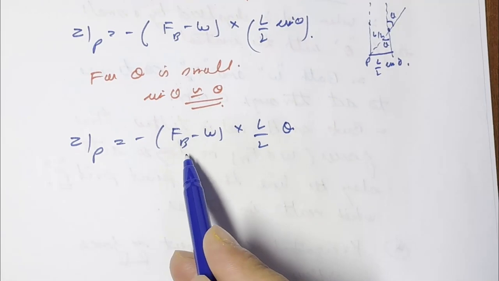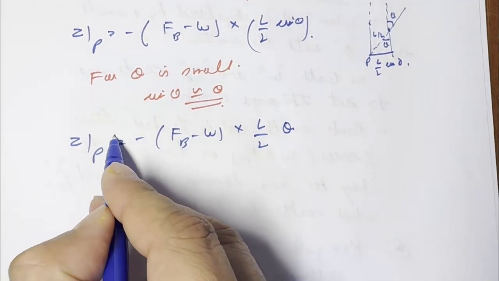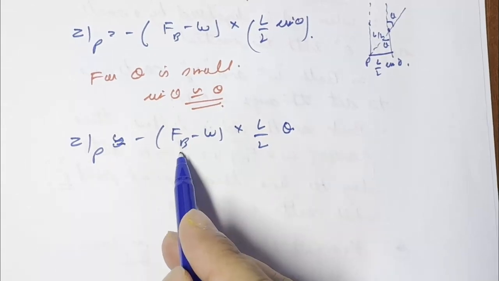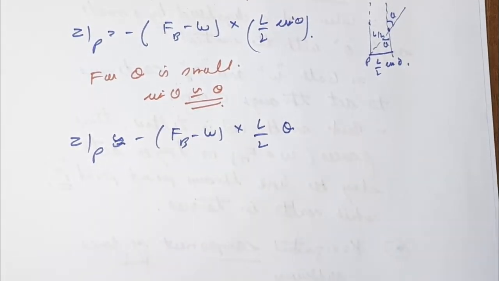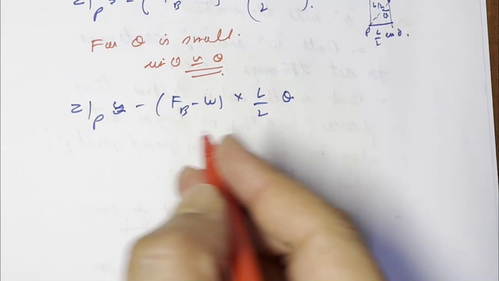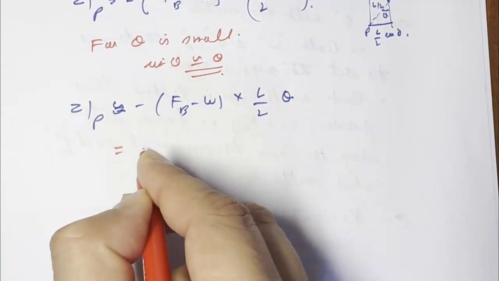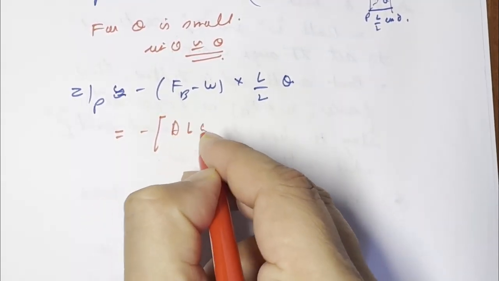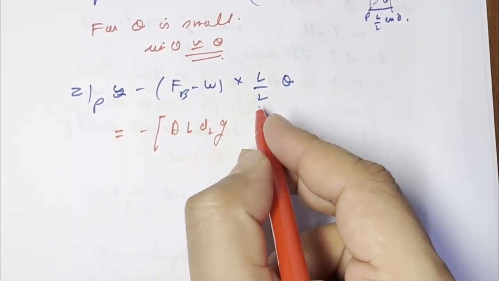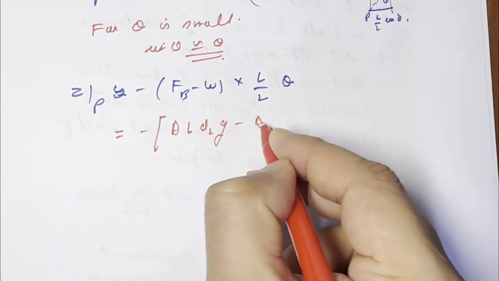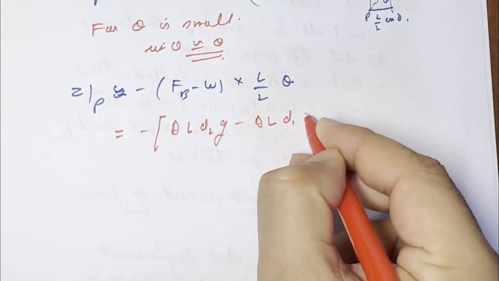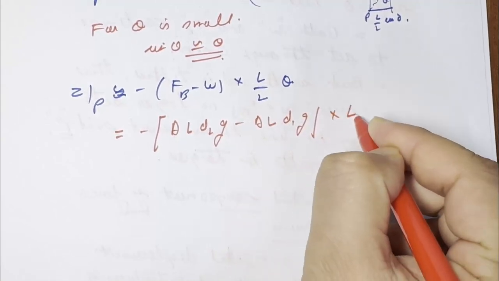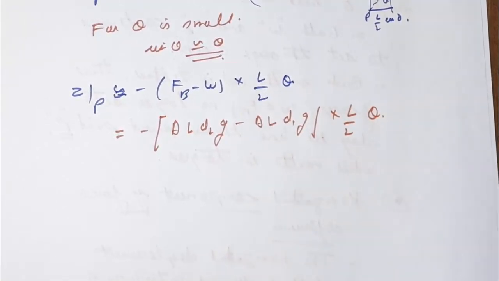Now we substitute the values of Fp and W in this equation, and we get minus AL d2 g minus AL d1 g multiplied by L by 2, and this is our theta.